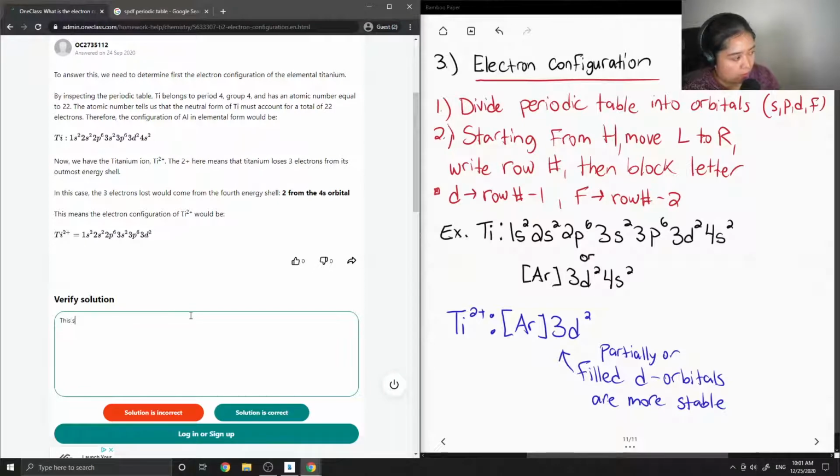Yep, so this solution is correct. And then I'll just put in brackets to fix the typos. Titanium 2 plus means that titanium loses 2 electrons.